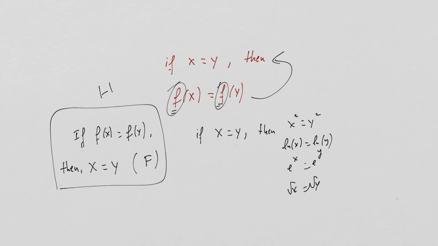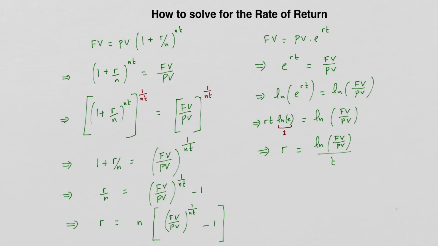If, like logs, log of x equals log of y, you have the right to say that x equals y. But if x squared equals y squared, you don't have the right to say this at all. Okay. In fact, you know the answer, right? So be careful. You have the right to introduce a function on both sides, but you don't have the right to remove the function on both sides because the function and its inverse have to be one-to-one. So that's a separate discussion anyway.